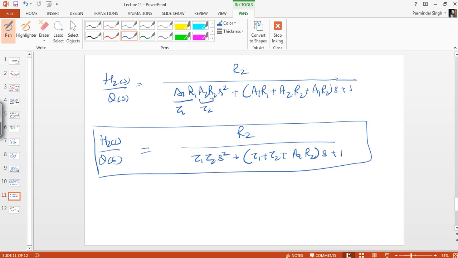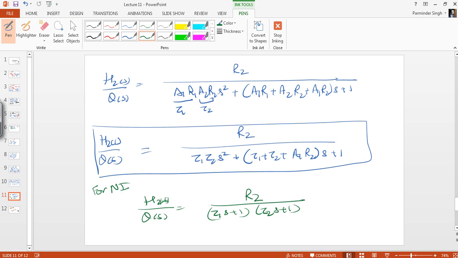Now if you compare this one with the non-interacting, for non-interacting your H2S by QS was R2 over tau 1S plus 1 into tau 2S plus 1. If you multiply this out, it becomes tau 1 tau 2 S square plus tau 1 plus tau 2 S plus 1.